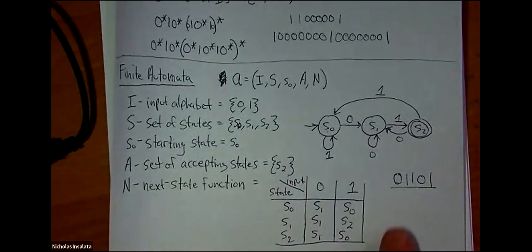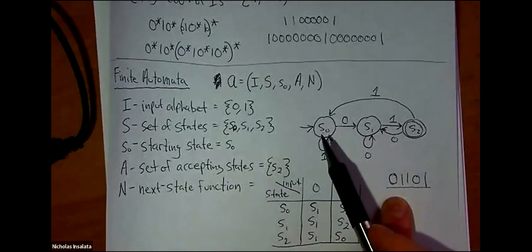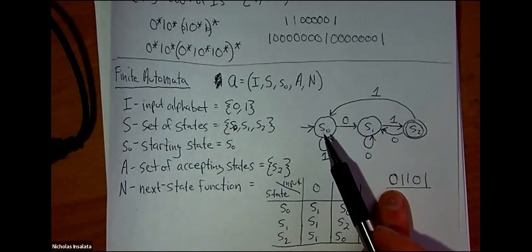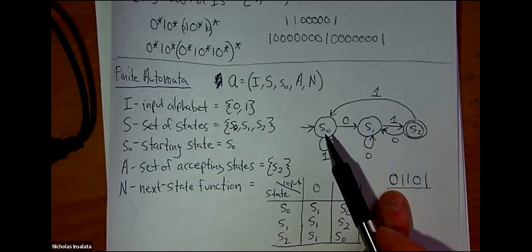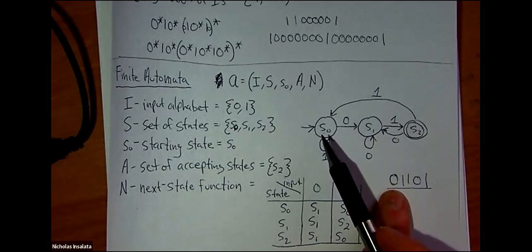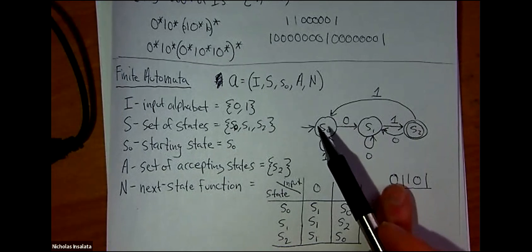Starting from 0 in the start state, where do we go next? Okay, starting in the start state, reading a 0.